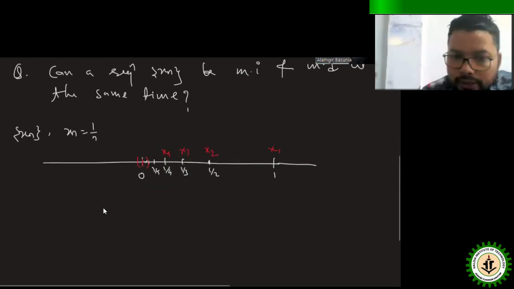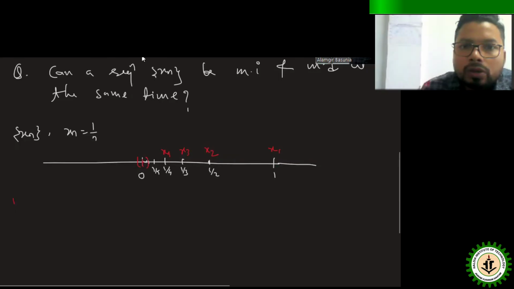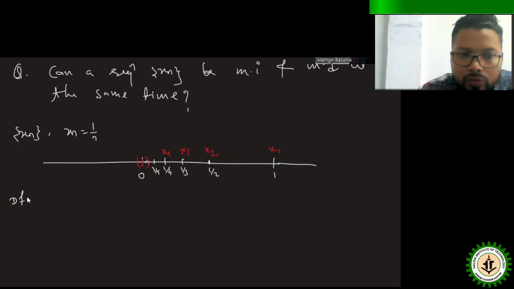Or clearly you can see here. Okay, first I want to give you the formal definition, then we are coming to the explanation. What is the definition of convergence of a sequence?